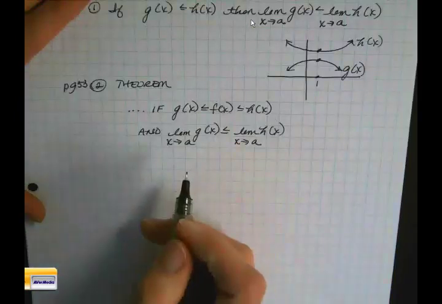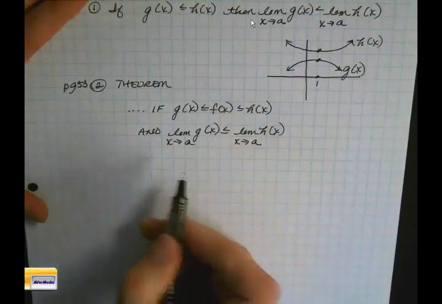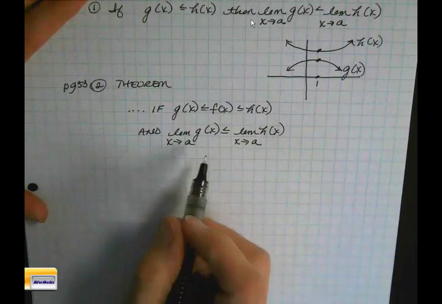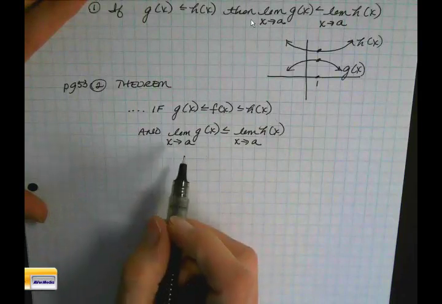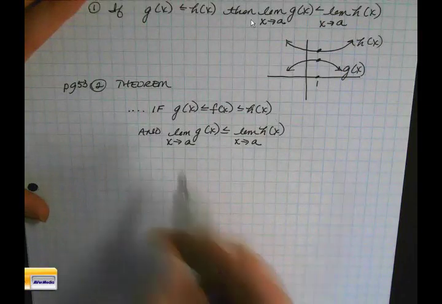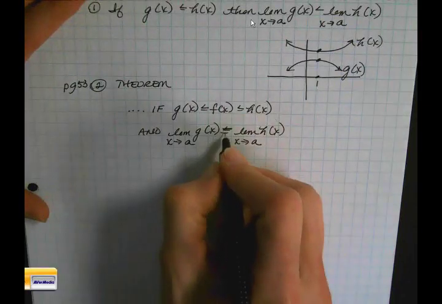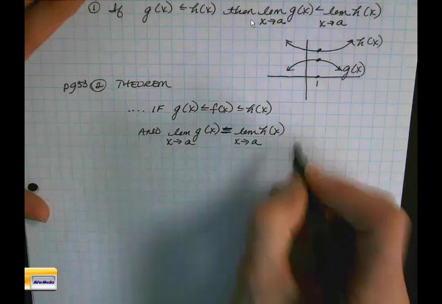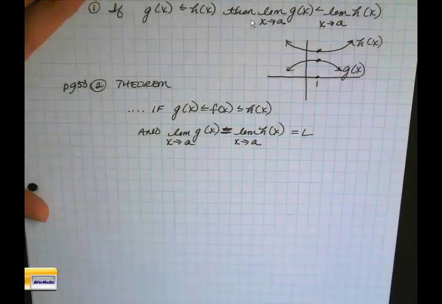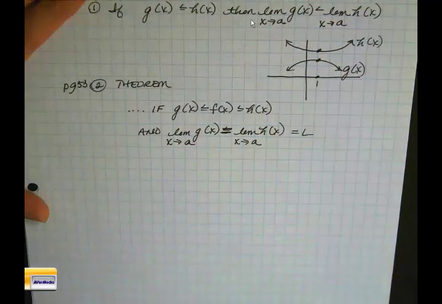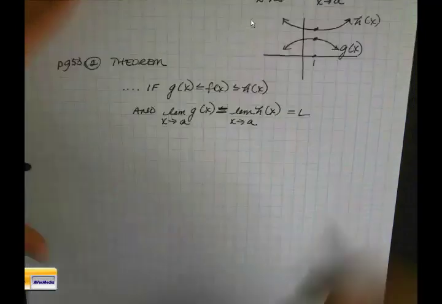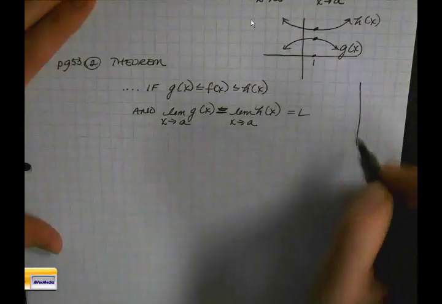Then, if these two things equal L, hold on, I'm saying it wrong. Let's change it. If the limit of g of x equals the limit of h of x, which equals L, so if their limits are the same, their heights are the same, this would be this situation.